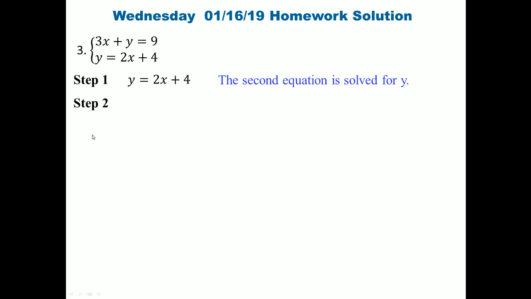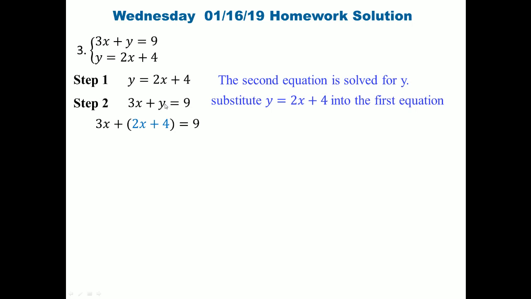Alright, so step 2. We can substitute y equals 2x plus 4 into the first equation. So it becomes 3x plus y equals 9. That is your first equation. Watch how y gets replaced, exchanged, or switched. y gets kicked out, and the 2x plus 4 comes in to replace it. Why?